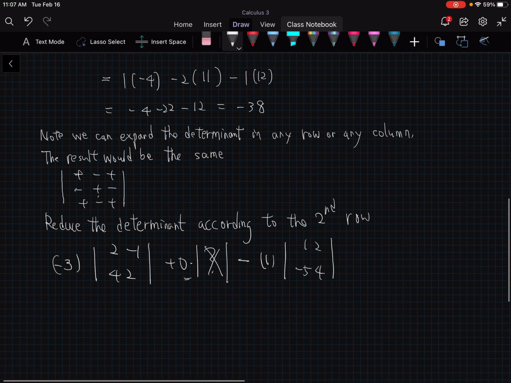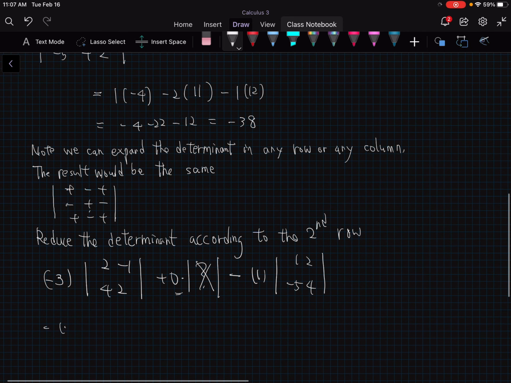Okay, so that's equal to negative 3 times 4 minus 4, which is plus 4. 0, don't worry about it. Minus 1 times 4 minus 10, which is plus 10.